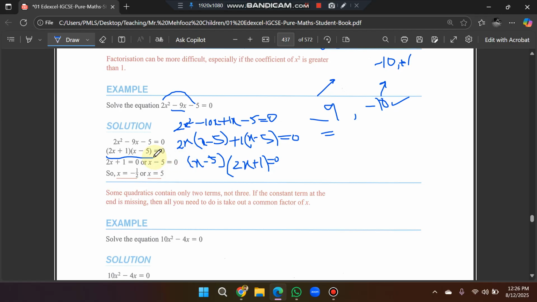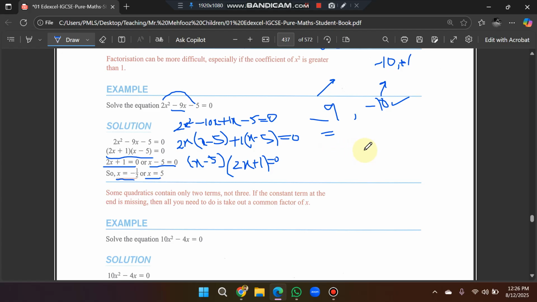Again the multiplication of these two numbers is equals to 0. It means that the first number is equals to 0 or the second number is equals to 0. So when we find the values eliminating x, your first value is minus 1 over 2, your second value is 5.